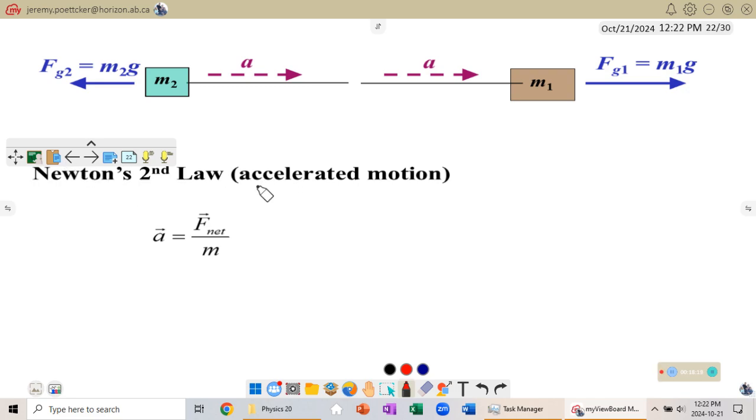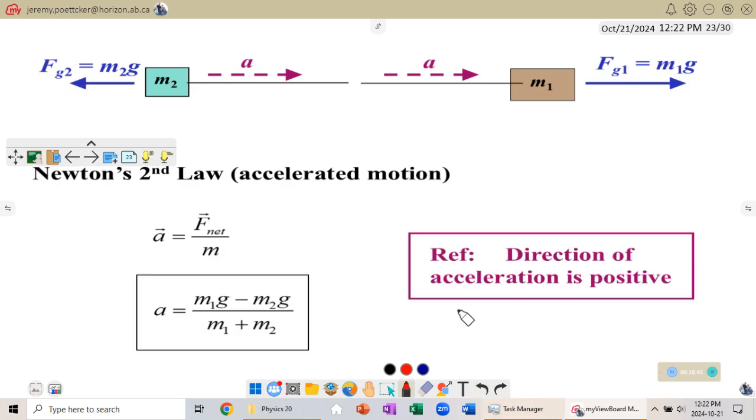Newton's second law gives us the acceleration equals F net divided by m. Now, this mass is the mass of the entire system. F net is going to be Fg1 plus negative Fg2, or plus Fg2, but Fg2 is negative.